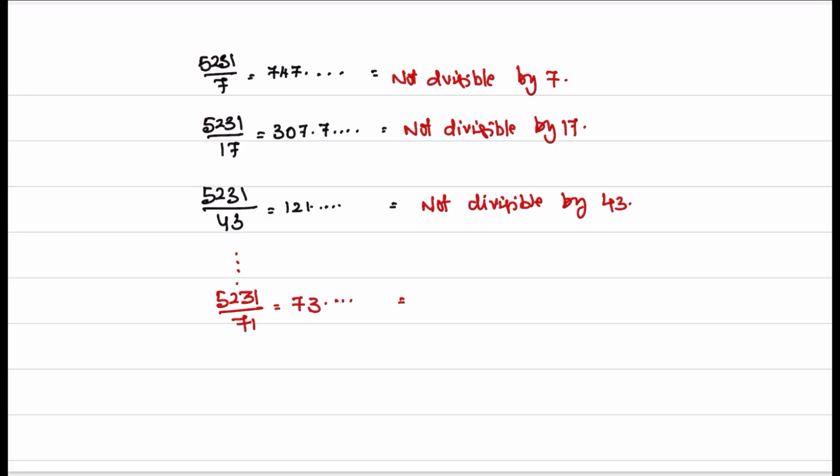That means it is not divisible. It is not divisible by 71. In between gaps, you please complete the table.